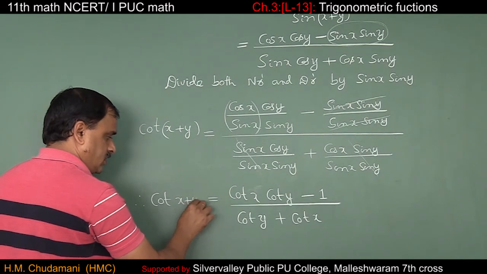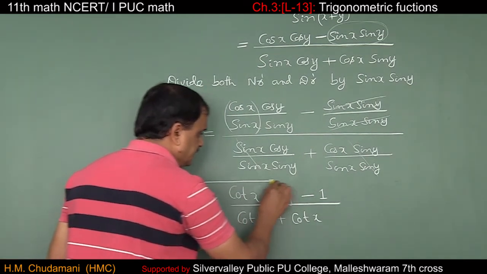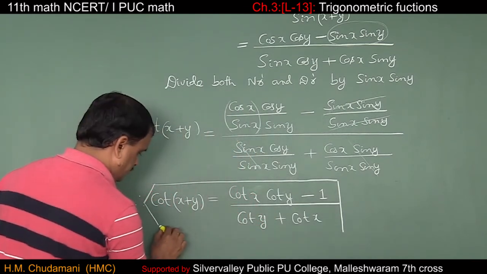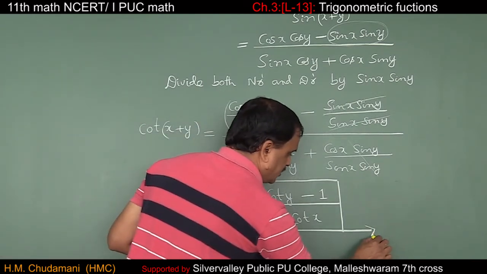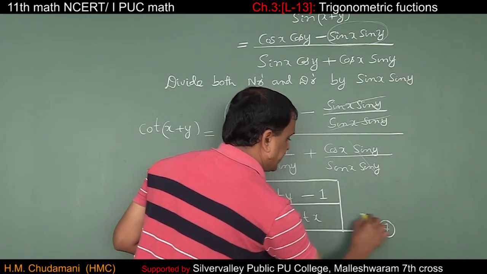Therefore cot of x plus y is equal to cot x cot y minus 1 divided by cot y plus cot x. This is the result number 7 actually.